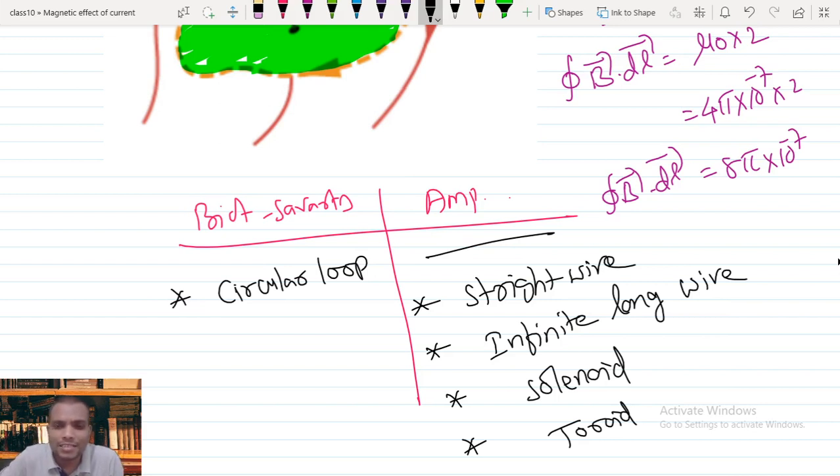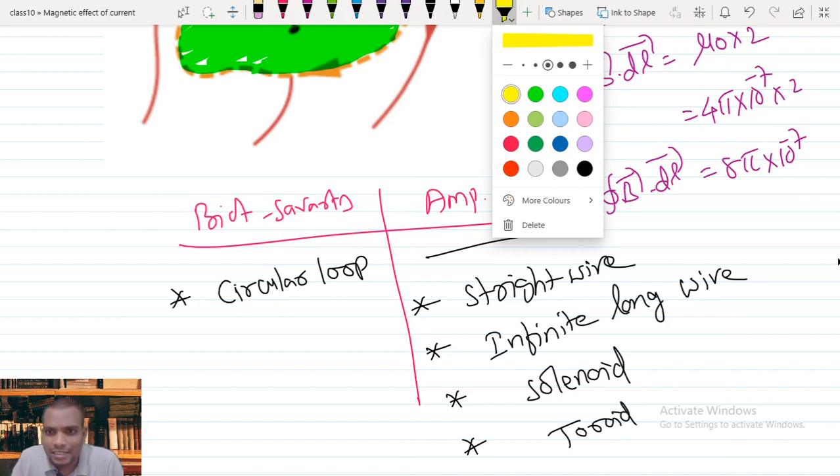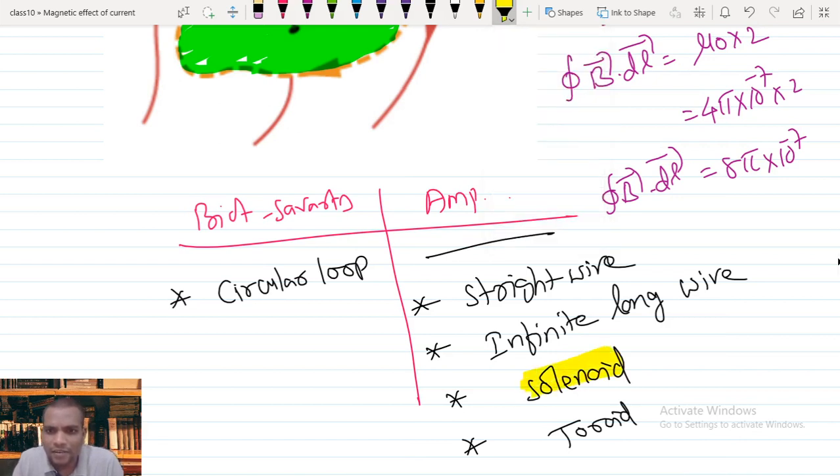They are very necessary electrical components, and in a given circuit they play an important role in generating magnetic field. So to find the magnitude of the magnetic field for a given solenoid, toroid, straight wire or infinite long wire, Ampere's law is very handy to use.